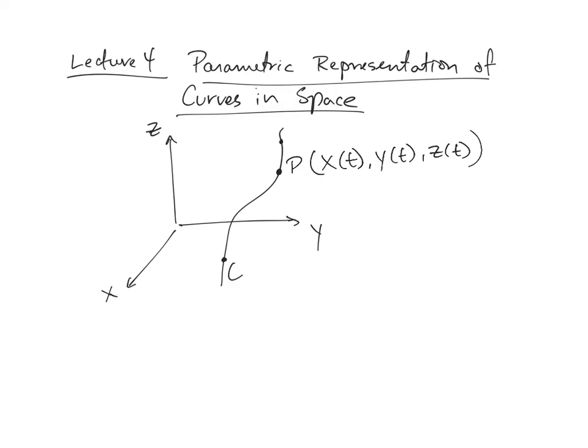And last day we said that a very helpful way of defining the position of any point in space is with what we call a position vector. A position vector is a vector that starts at the origin and ends at the point we're trying to define the position of. So let's say we want to write the position vector for point P in three-dimensional space, whether it's on that curve or not.